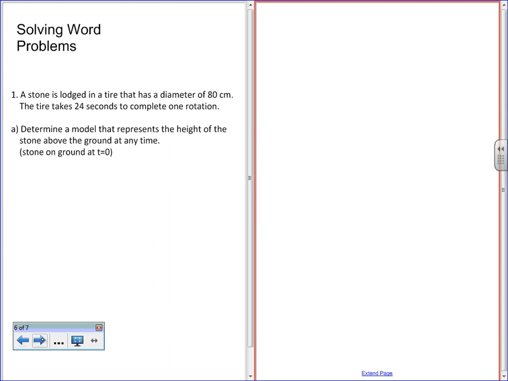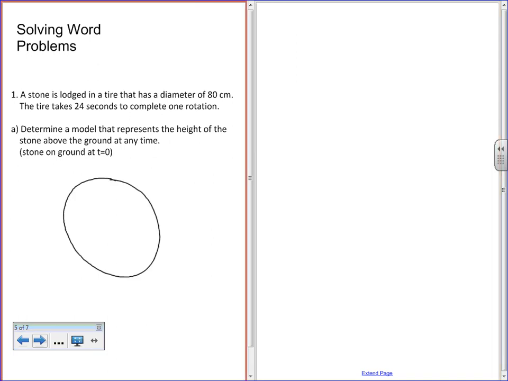A stone is lodged in a tire that has a diameter of 80 centimeters. So I'm going to draw in my tire. Here's my stone at the bottom, because it tells me that the stone is at ground level at time 0, at the start.